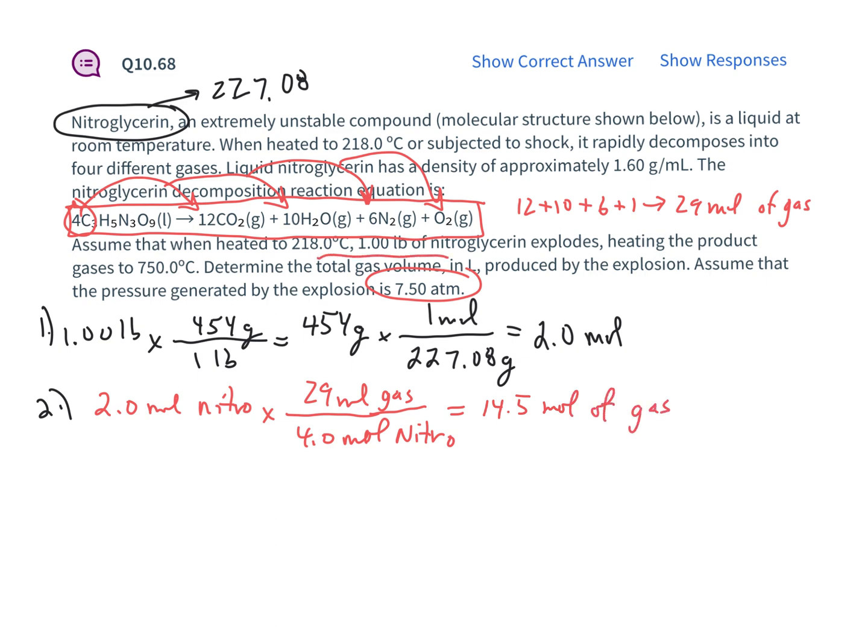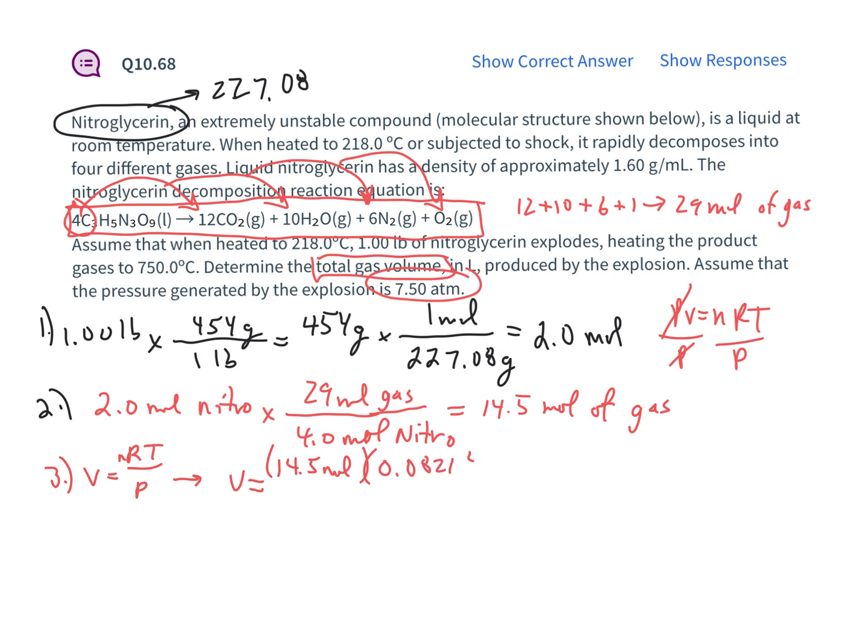Now we can find the total volume because I have moles of gas. So PV equals nRT, and we're looking for volume. So I'm going to divide by pressure across to see that volume equals nRT over P. So the volume of gas that's created: the number of moles, 14.5 moles, 0.0821 liter atm per mole Kelvin is our gas constant.